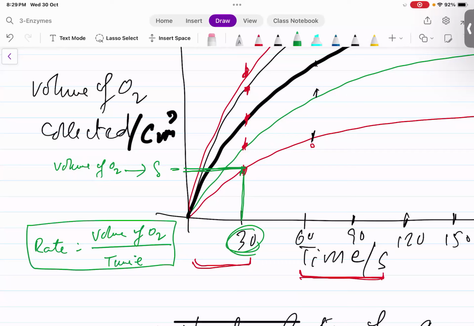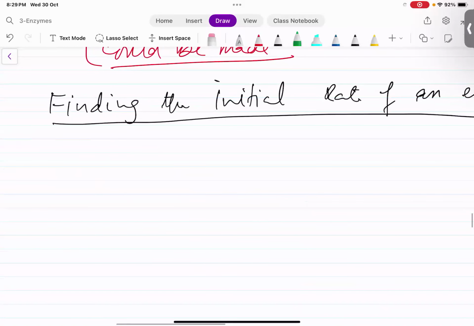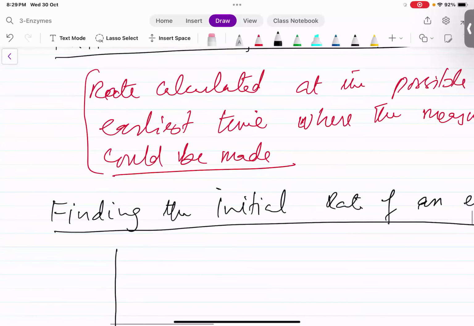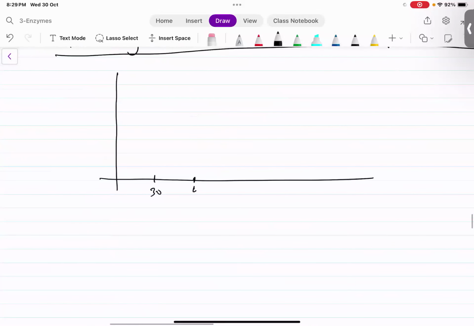There is another way of doing it, where we plot a tangent. So if this is time on this axis, this is 30, we have 60, we have 90 seconds, we have 120 seconds, we have 150 seconds, 180 seconds, and so on. This is time in seconds.